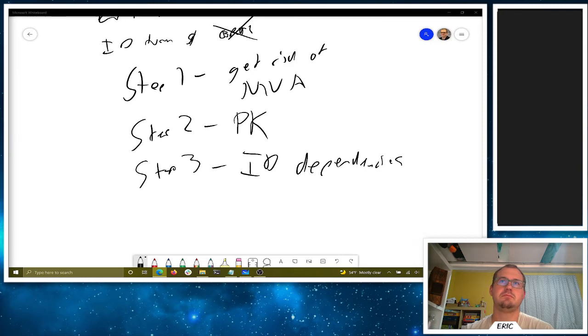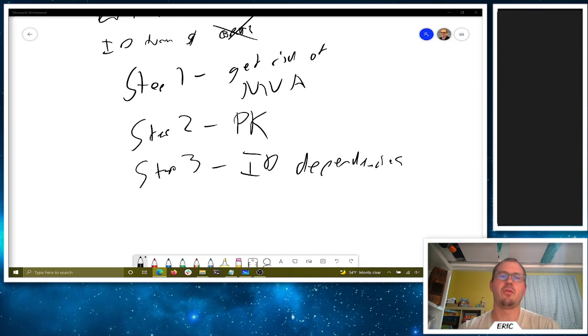So once we've gotten to first normal form, we have primary keys, we have no repeating groups, and we have dependency on the primary key. Now, it doesn't need to be full dependency. Partial dependencies are okay, transitive dependencies are okay. As long as we are dependent on the primary key, we've gotten to first normal form. That's fantastic. That was the goal here.